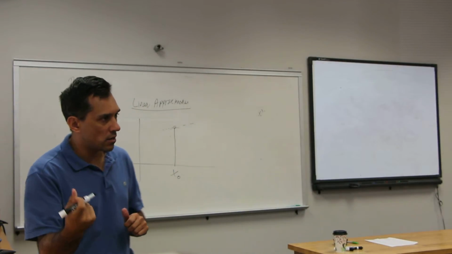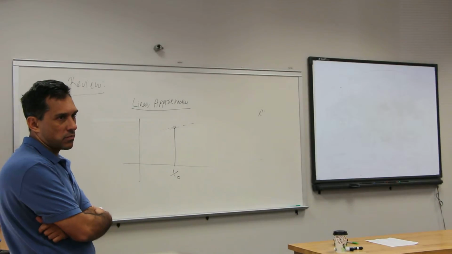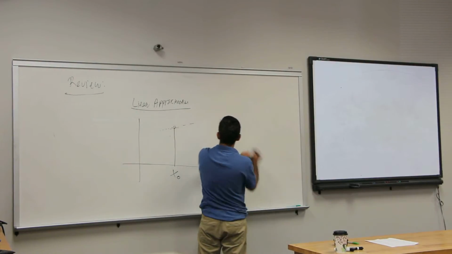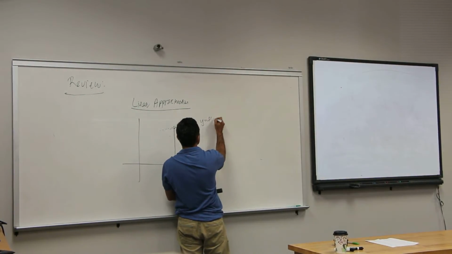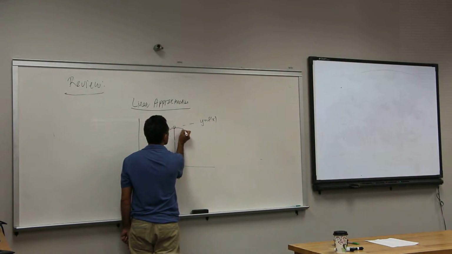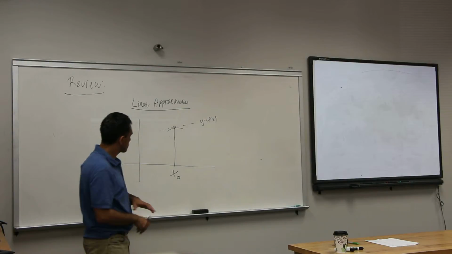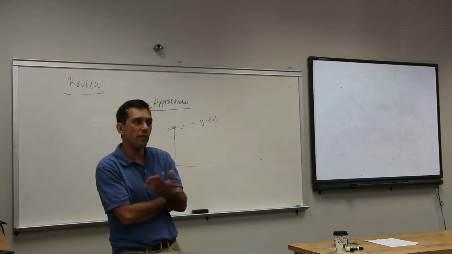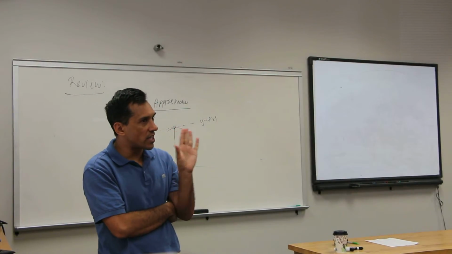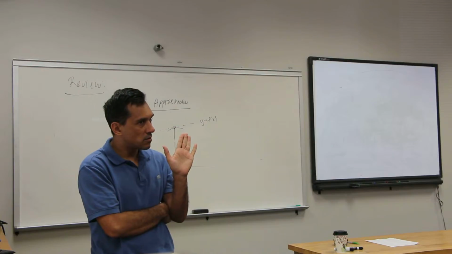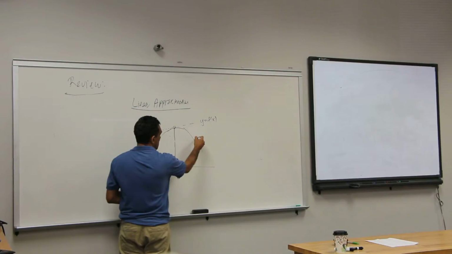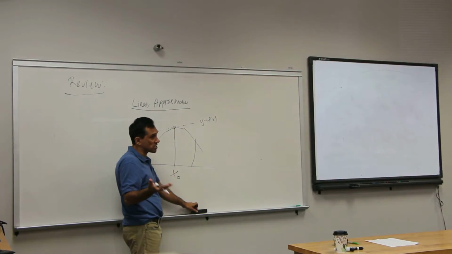It's really a local problem. So our function here is... now, if you are close to x0, the line and the curve are very, very similar. But if you were to go very far, then you would not use the line to approximate your function anymore.